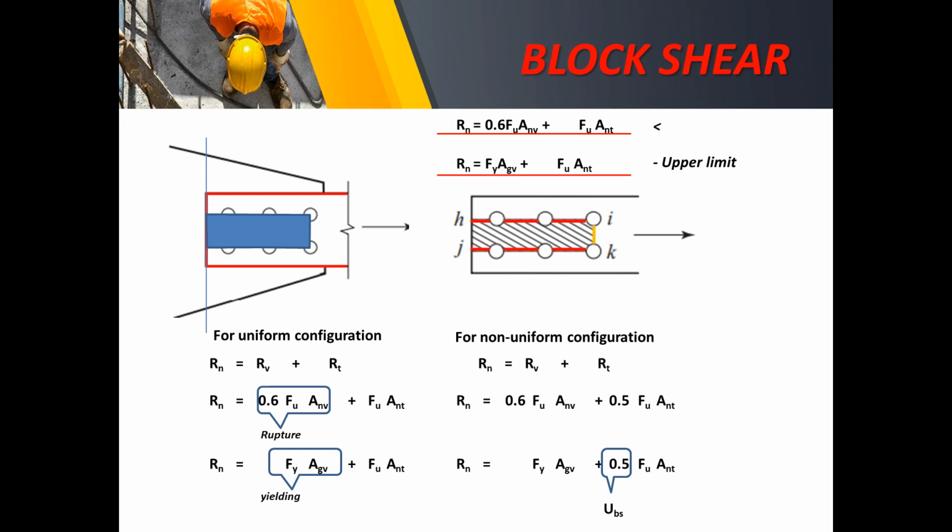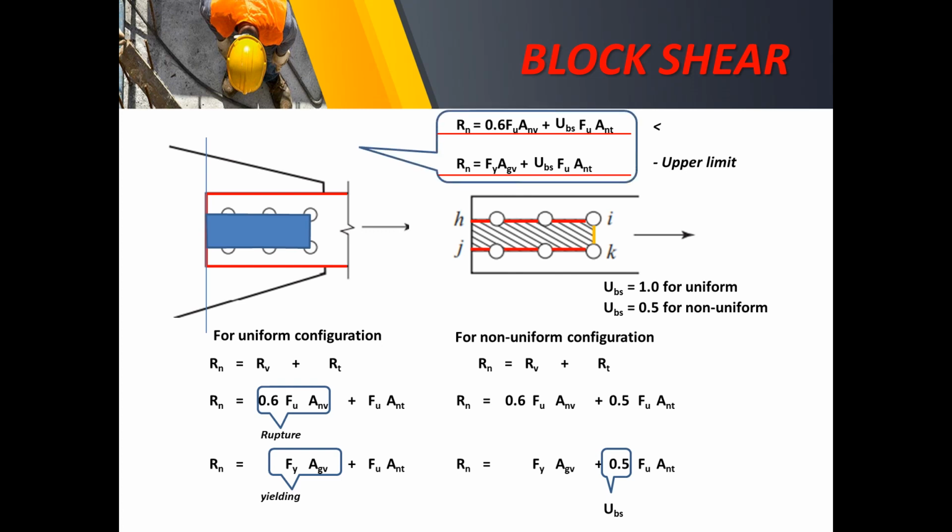Hence, between those equations, we choose whichever is the lowest of the two. To distinguish uniform from non-uniform configuration, you just insert the factor UBS, wherein UBS for uniform configuration is 1, and for non-uniform configuration, it is 0.5.